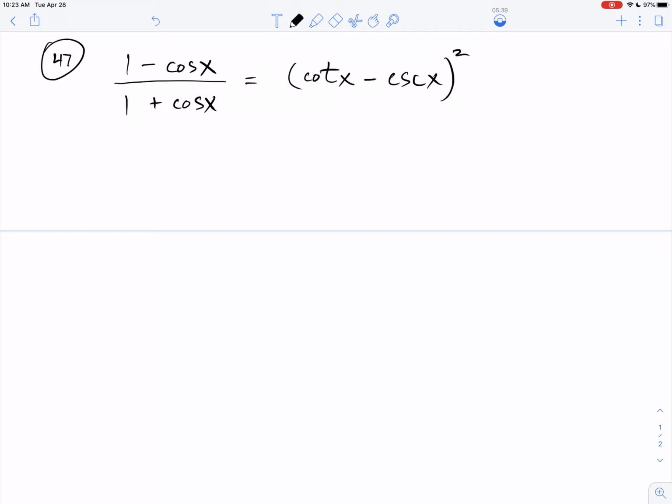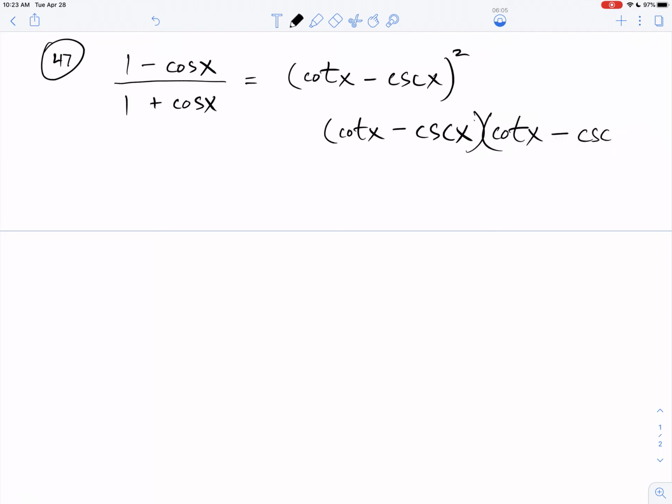Cotangent x minus cosecant x, quantity squared. We're going to have to square that thing. There are two different ways to do this one, but if you look at this and you go, you know what, I'm tempted to square this thing.